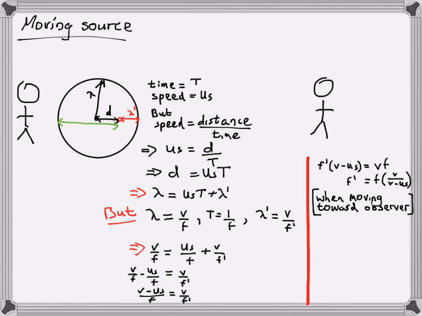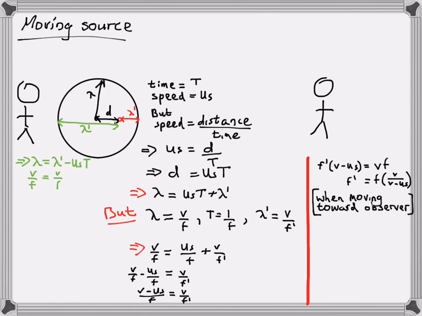So this distance here will be the apparent wavelength, the wavelength that I experience. And so we can say that this distance lambda is equal to lambda prime minus d, or in other words, lambda is equal to lambda prime minus us times t.